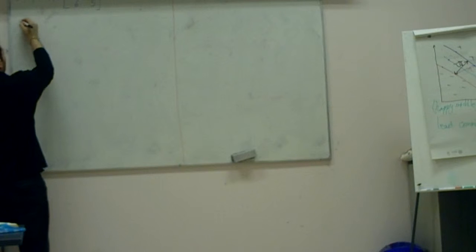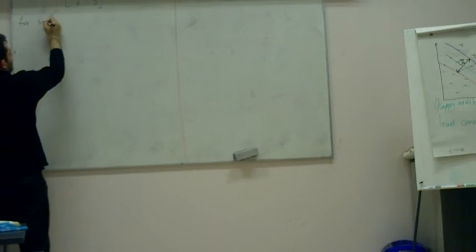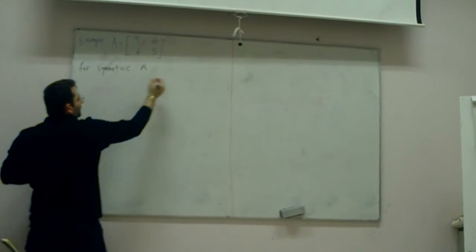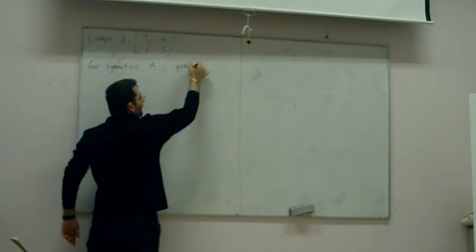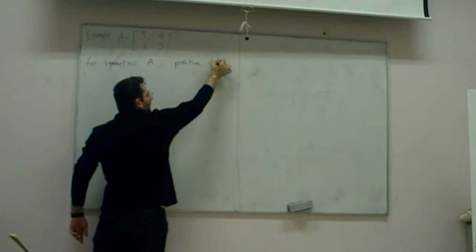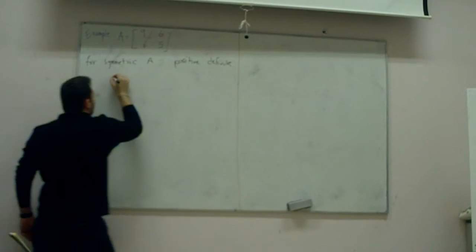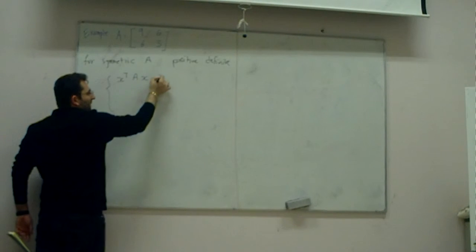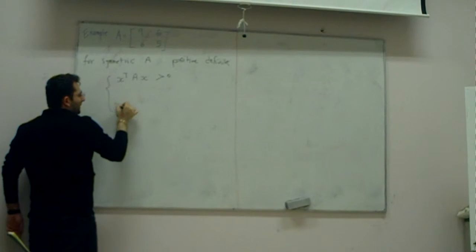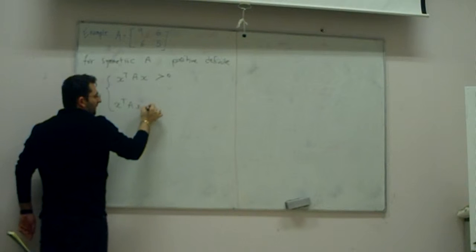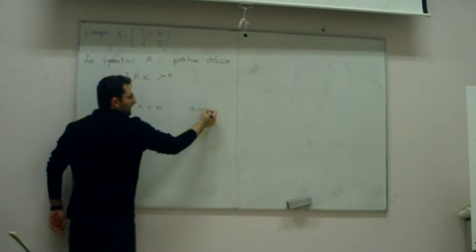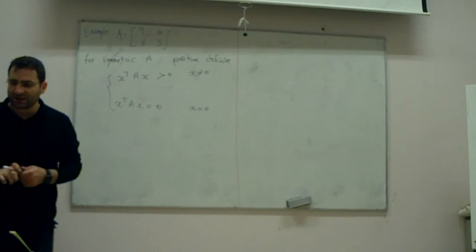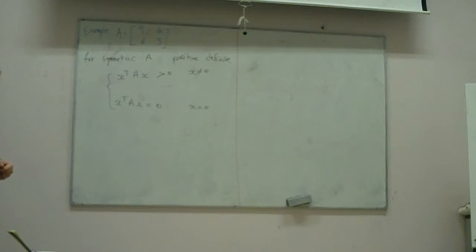And then for symmetric A, we were defining positive definite to be if X transpose AX is greater than 0, and X transpose AX is equal to 0 only if X is 0, otherwise it is always greater than 0. So we have to check this one. So how do we check it?